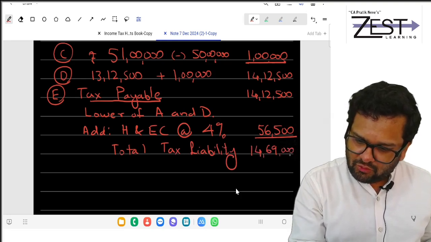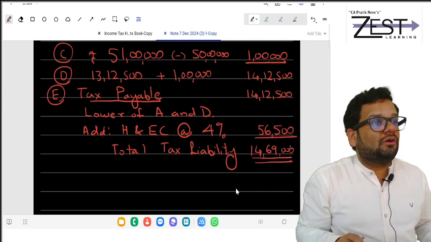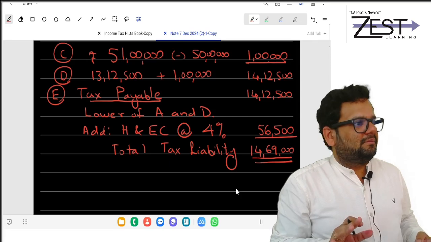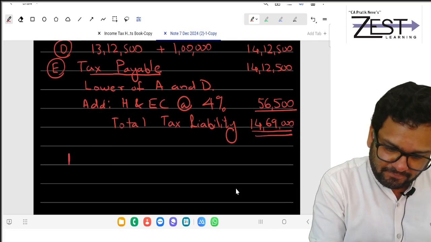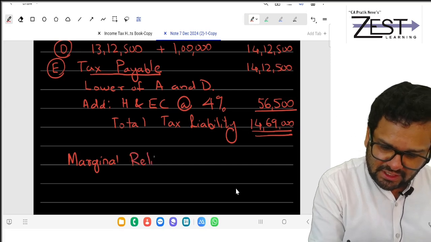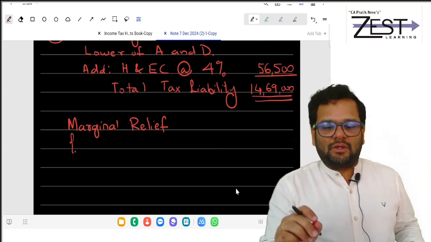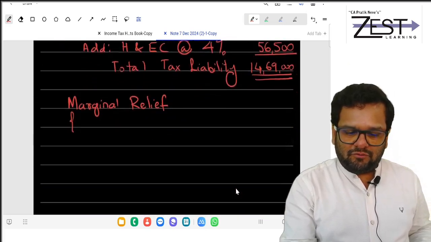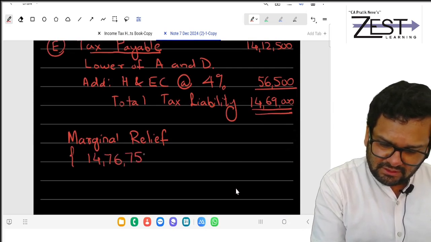Exactly. So actually what happened, you gave away your full 1 lakh rupees. That is also affordable. So in short, now tell me how much relief you got. Just for sake of our understanding, how much relief you got. Actually, if this was not there, then you would have paid 14 lakh 76,750.